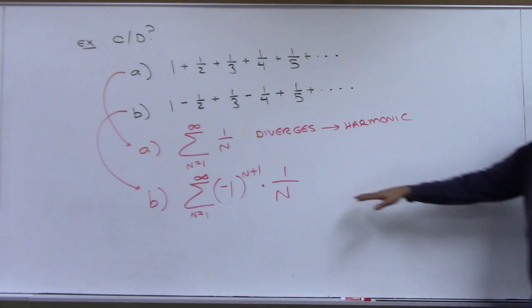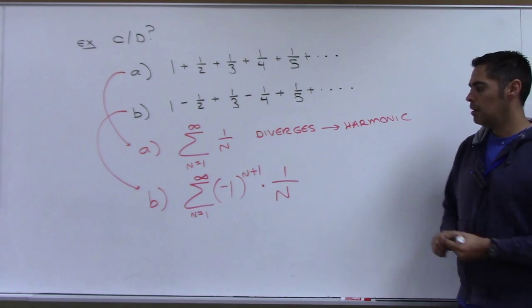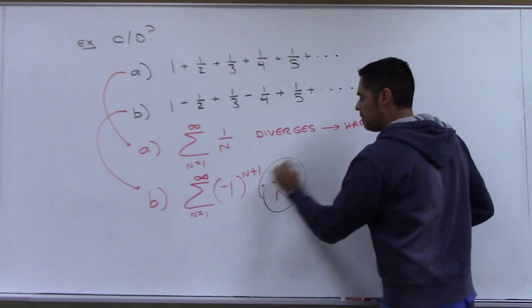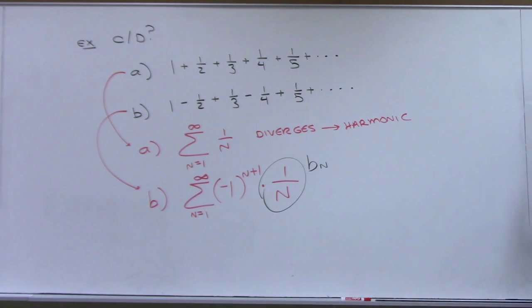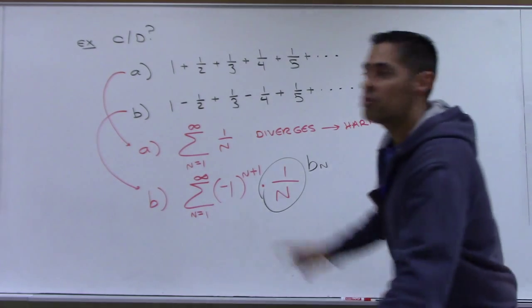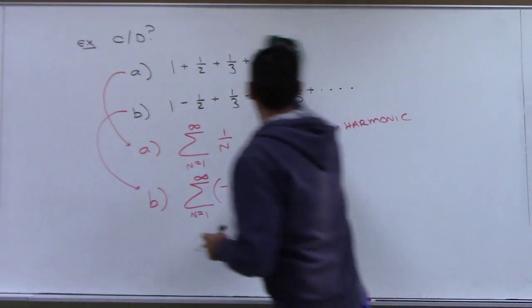Any questions on that? Where this comes from? Okay, what's the b sub n here? This is b sub n. So now I focus all of my attention on the b sub n. I have to show two things are true about that b sub n. So here I go trying to show the first thing.